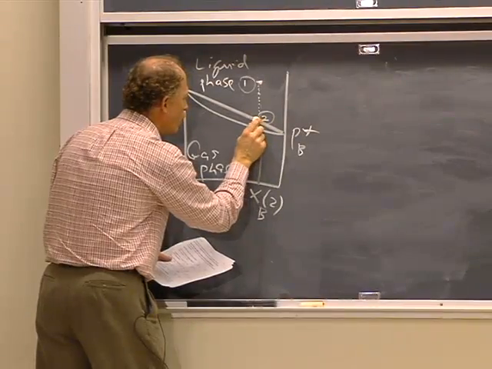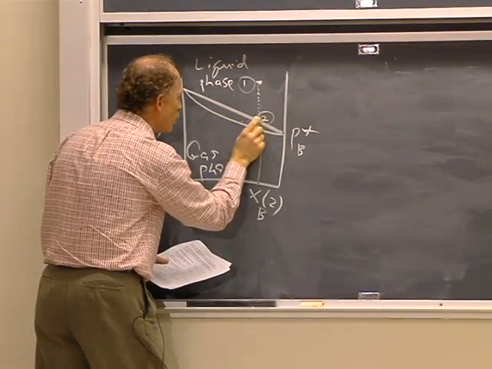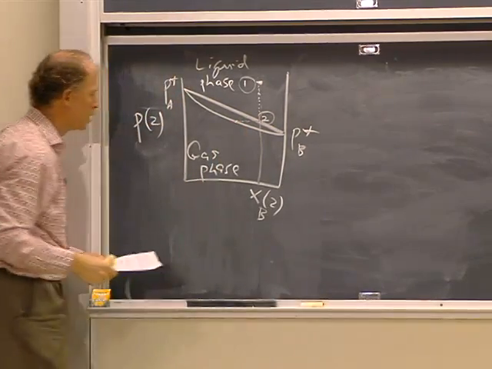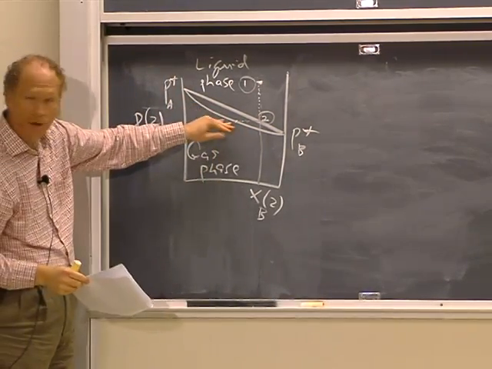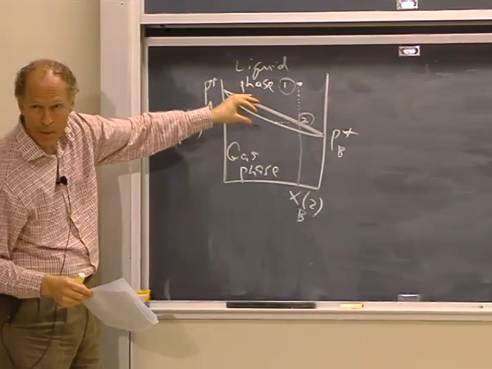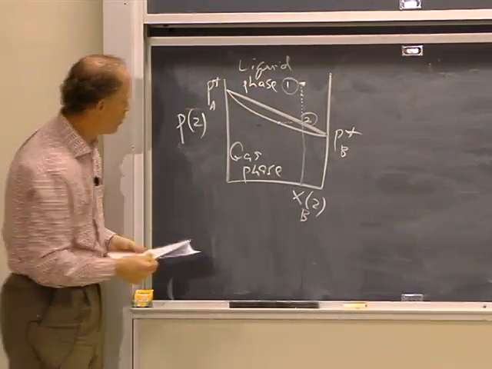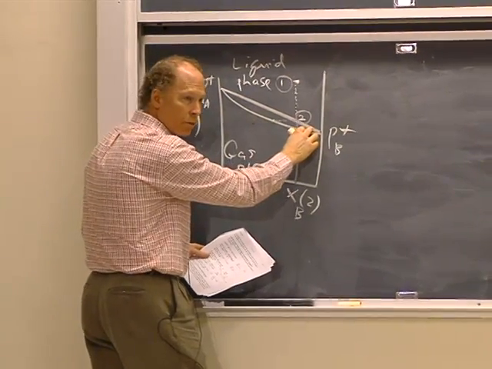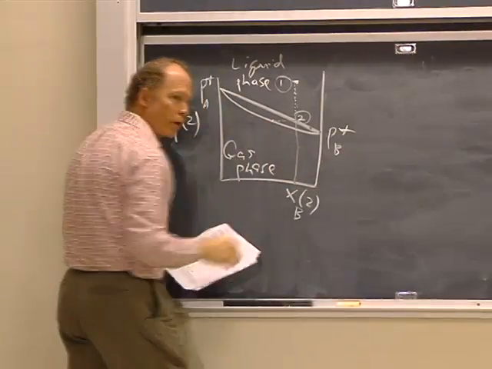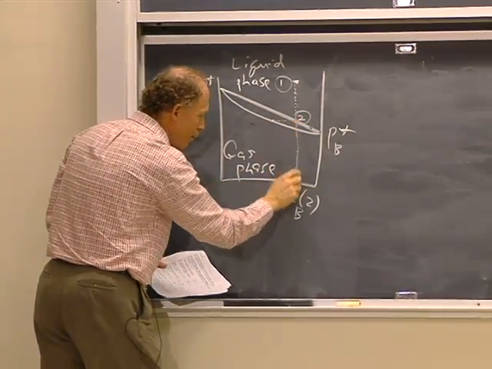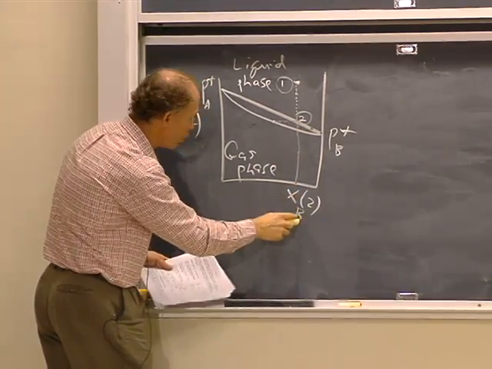And if we go over here, this is telling us about the mole fraction in the gas phase. That's what these curves are, remember? So this is the one that's showing us the mole fraction in the liquid phase, and this nonlinear one the gas phase. So reading off it, this is xb, that's the liquid mole fraction.